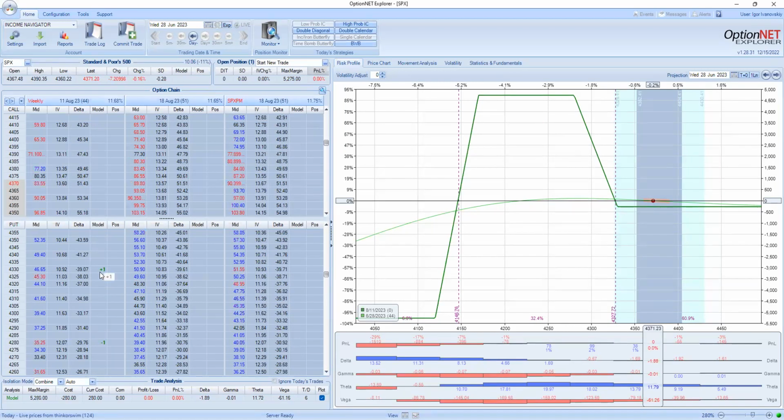So we are going to roll the 43.30 down, let's call it 10 points. We're long 43.30, so we would be selling the 43.30 for, let's call this $46.70.